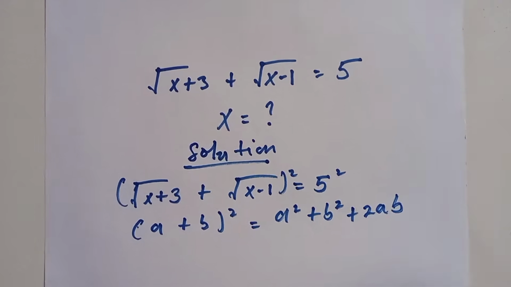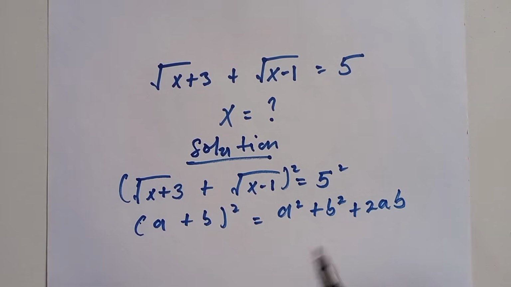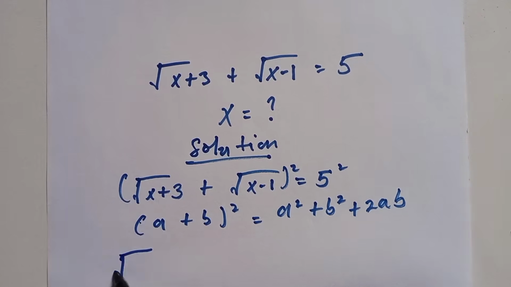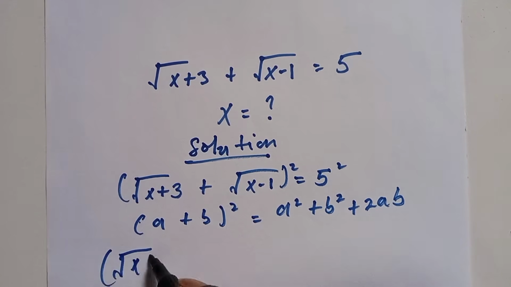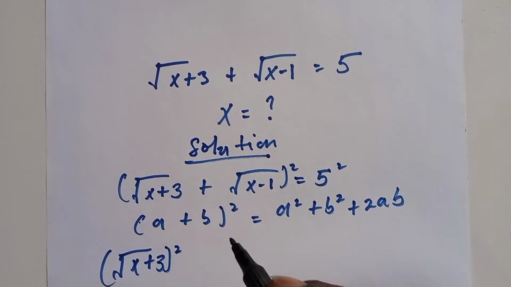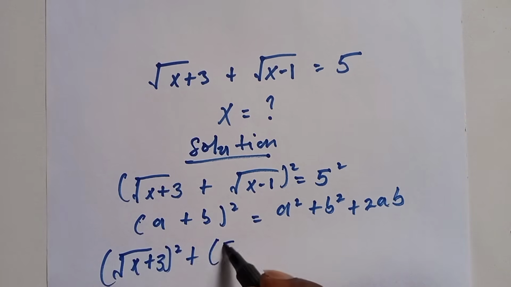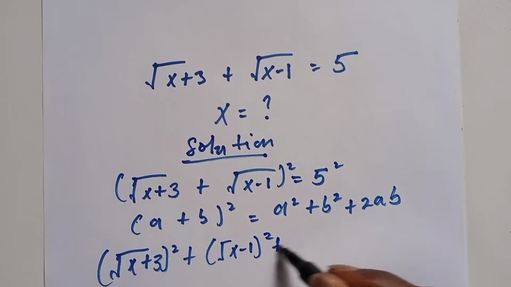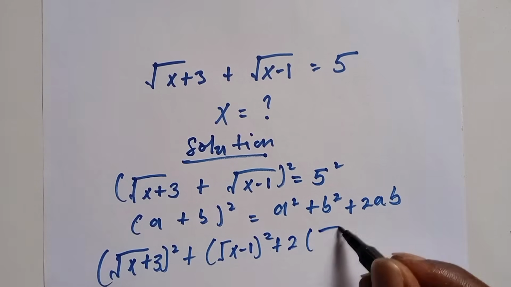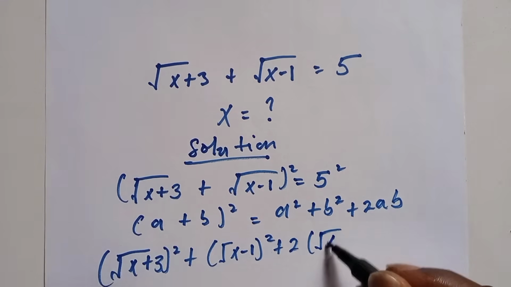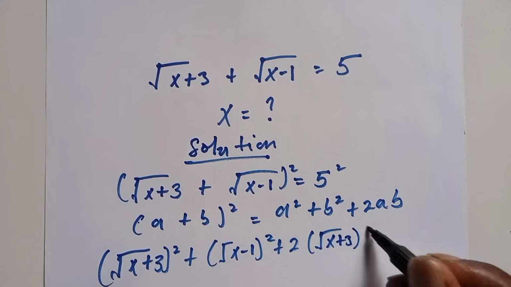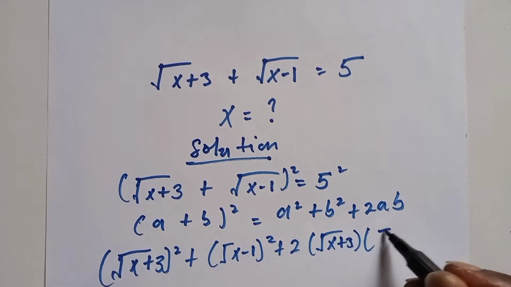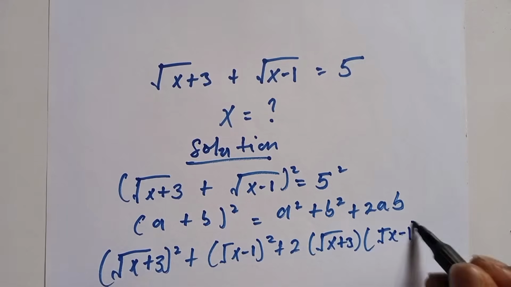So now if I just replace root x plus 3 and root x minus 1 into a and b, I have root x plus 3 squared plus root x minus 1 squared plus 2 into brackets root x plus 3 root x minus 1.